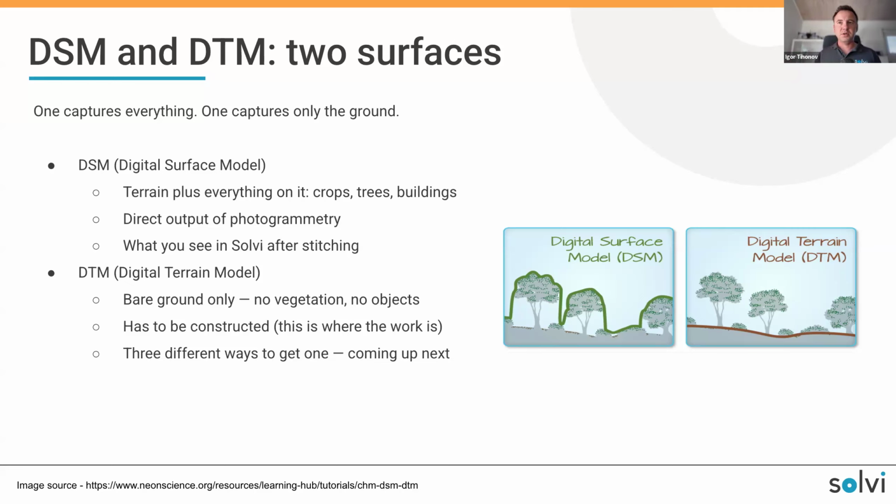There are some methods for classifications already in the point cloud creation process. But there are also some methods that I will work through in a few minutes where you can essentially discard all those objects that are on top of the terrain and just get the terrain of the field.